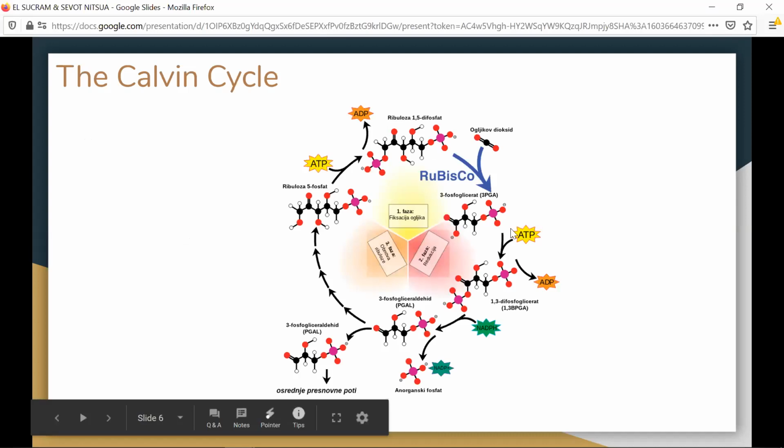And the first thing it's going to do is they're going to bind together in a process called carbon fixation. And if we look back on our old picture, you'll see that happening here.